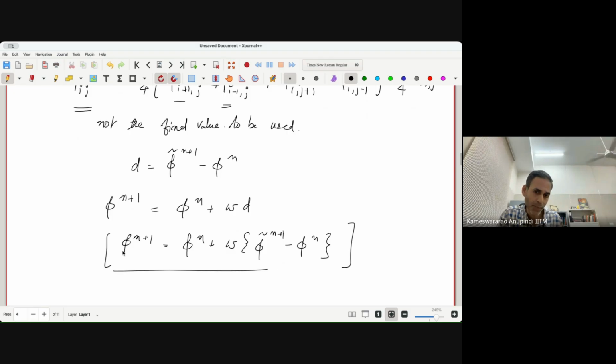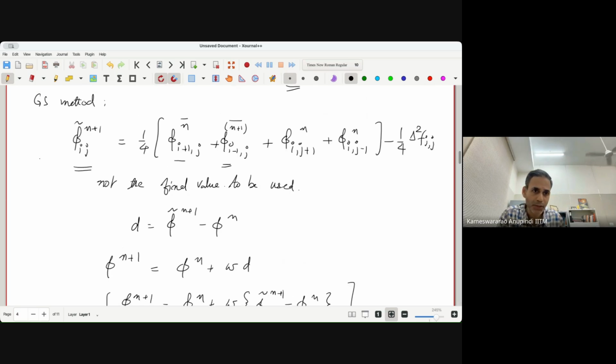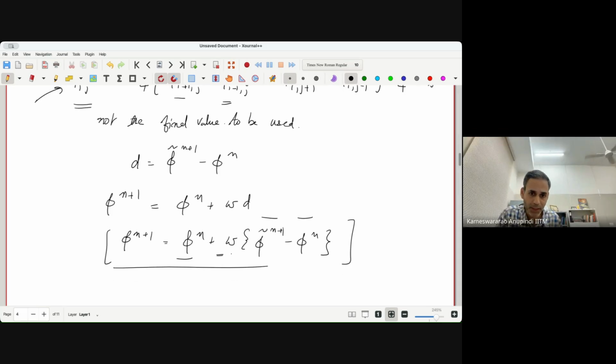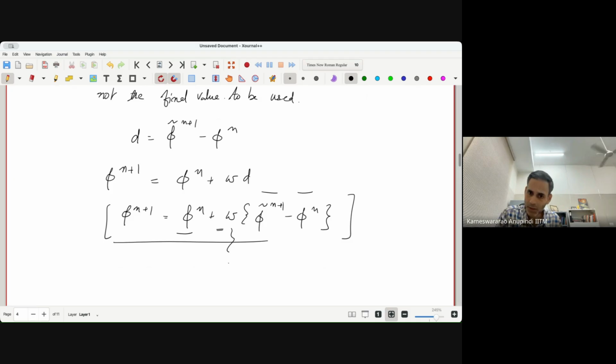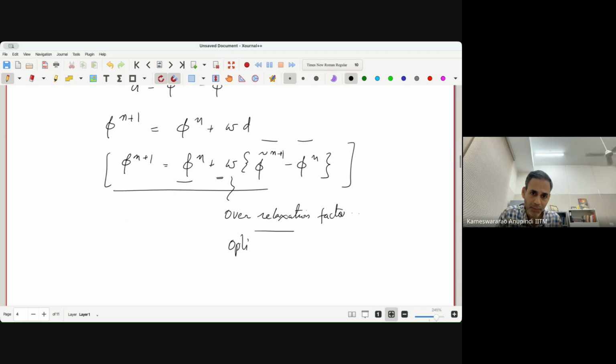Fine. That means you're going to take the previous value and calculate this from the Gauss-Seidel, and you take the difference of that at that grid location and multiply it with some omega. Now this omega is the relaxation factor or the over relaxation factor, which actually can be optimized, but we are not looking at that part.